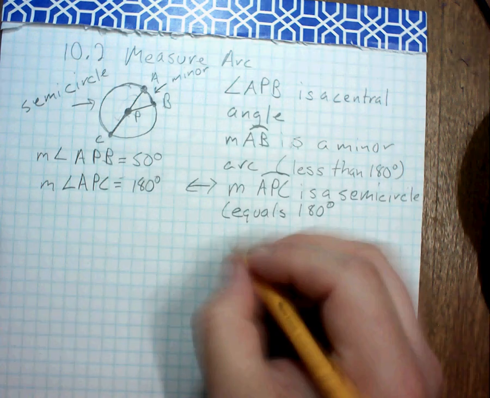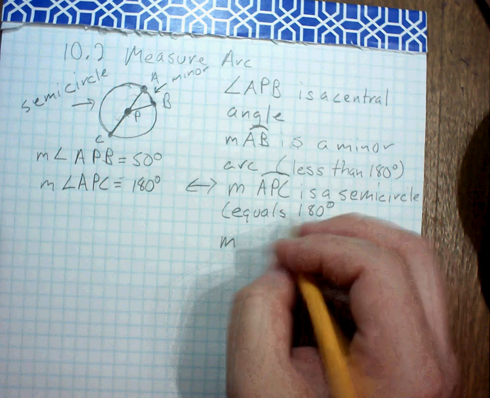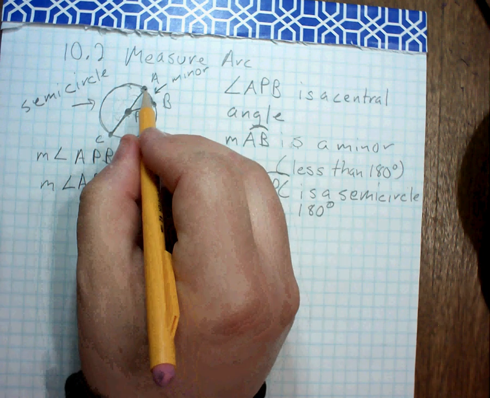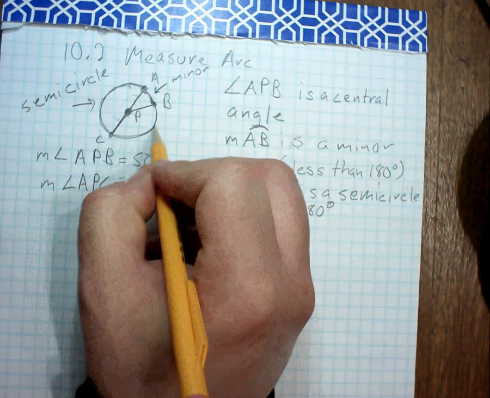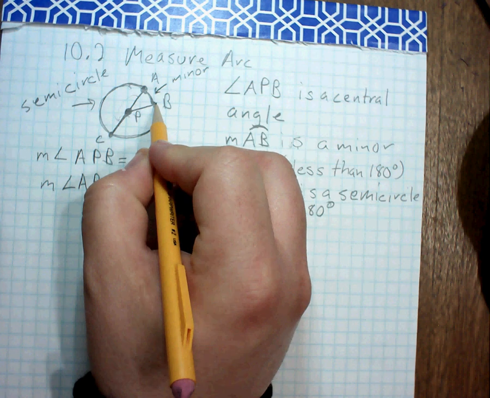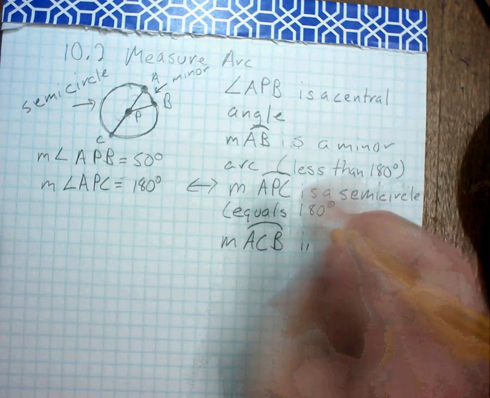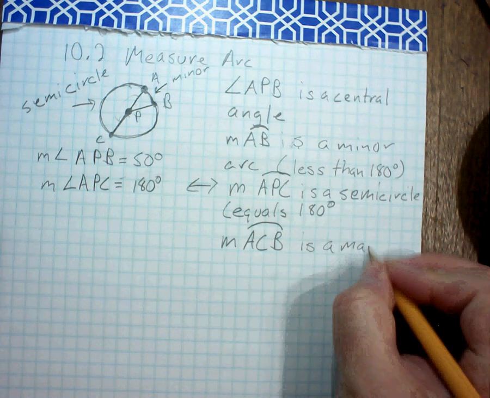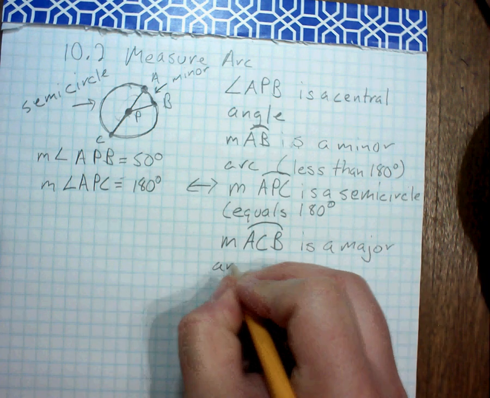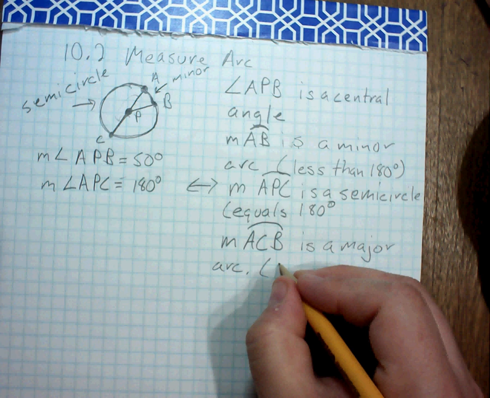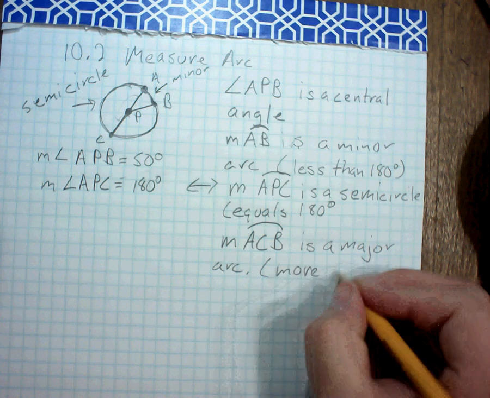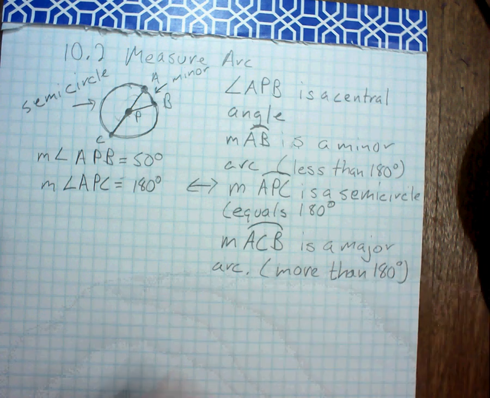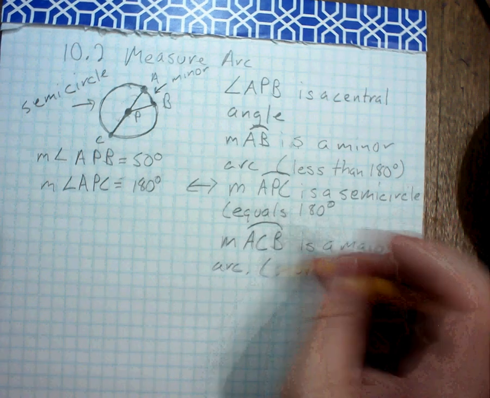And then if I talk about the measure of ACB, that's going from here all the way around to the measure of angle B. That's what we call a major arc. That means greater than 180 degrees. I realize I just thought of this. I should be saying less than, greater than. So instead of saying more, let's say greater than.